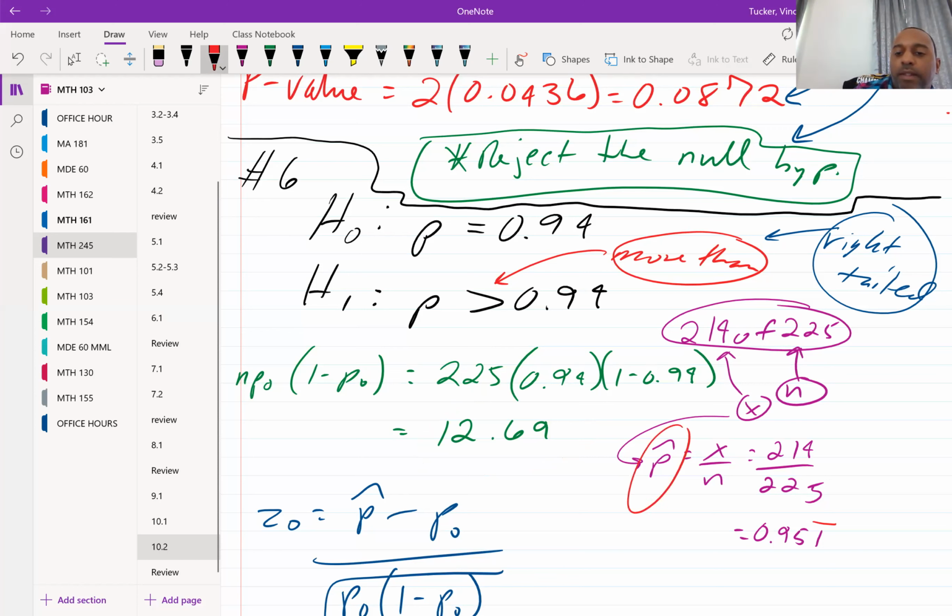And then to find p hat, it says 214 out of 225. So you do 214 divided by 225, which is 0.95, 1 repeating. Any questions?